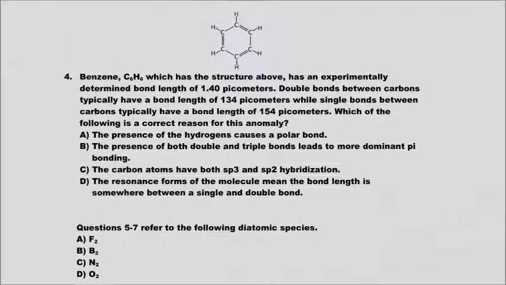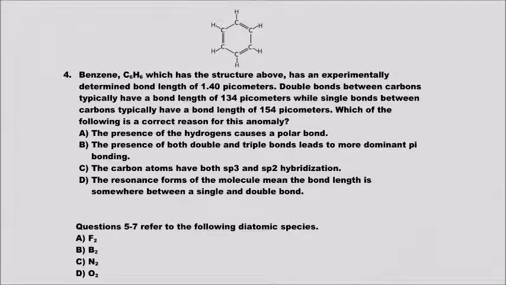All right, number 4, benzene, which is this structure that is given, has an experimentally determined bond length of 1.4 picometers. Double bonds between the carbons typically have a bond length of, and let me just correct this right here. This should be 140. Okay, so I will correct that. So let's start over.